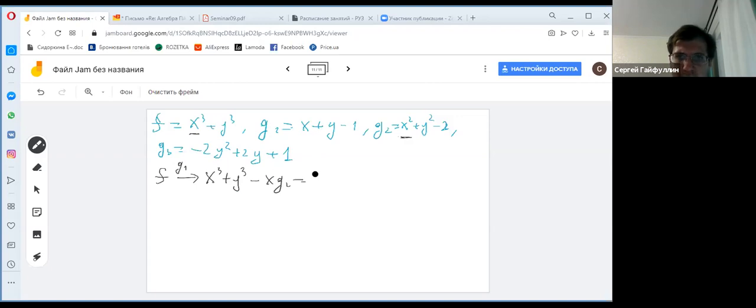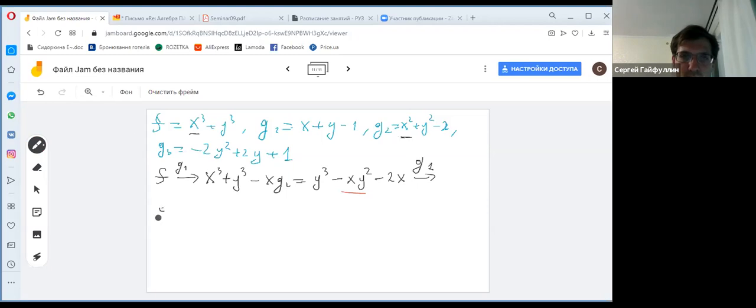This is equal to y cubed minus x y squared minus 2x. Okay, now it can be reduced by g1, for example, with respect to this one. Okay, let's do it.